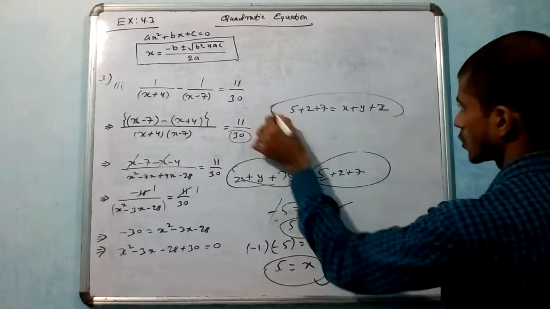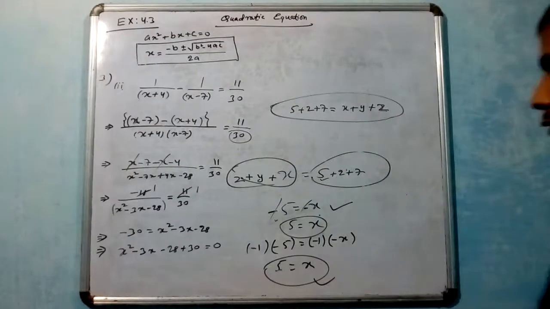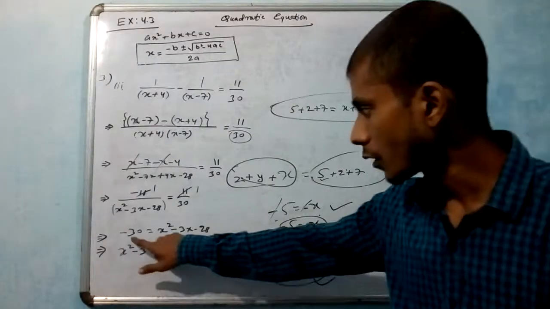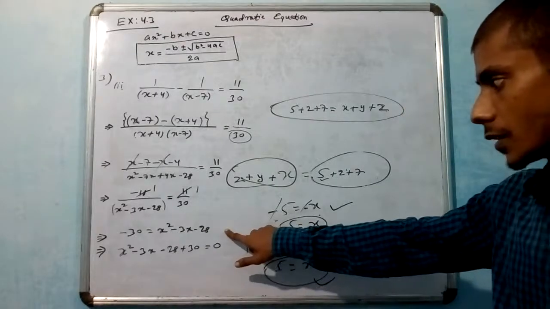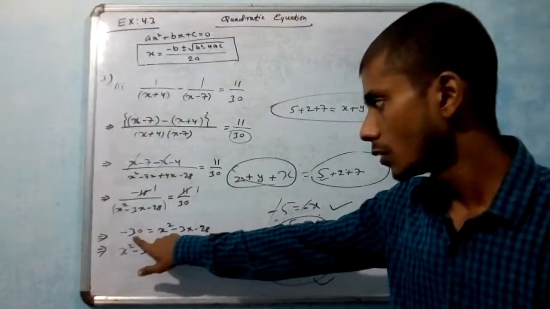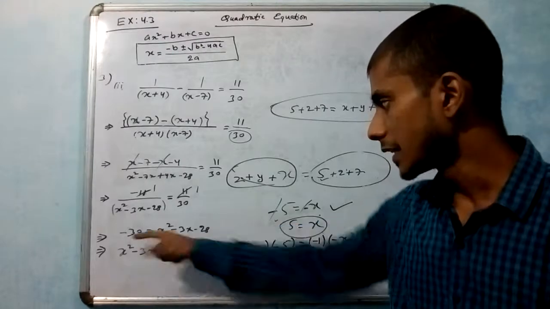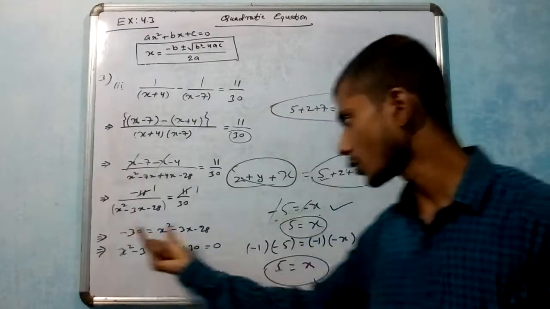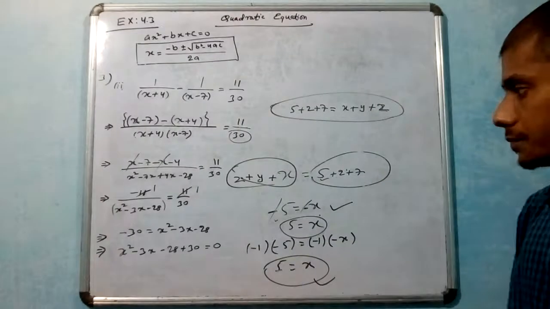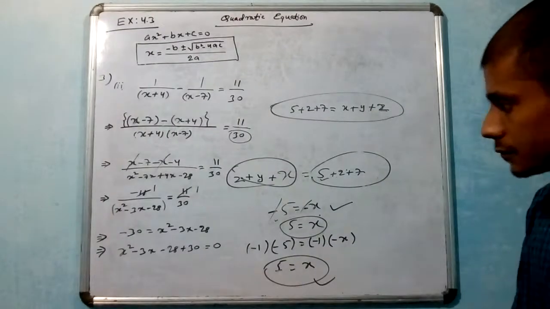So that's what I did here. First of all, minus 30 I brought here, it became plus 30, and this side 0, and then I brought the complete RHS towards the LHS and complete LHS towards the RHS, that is 0. Fine.